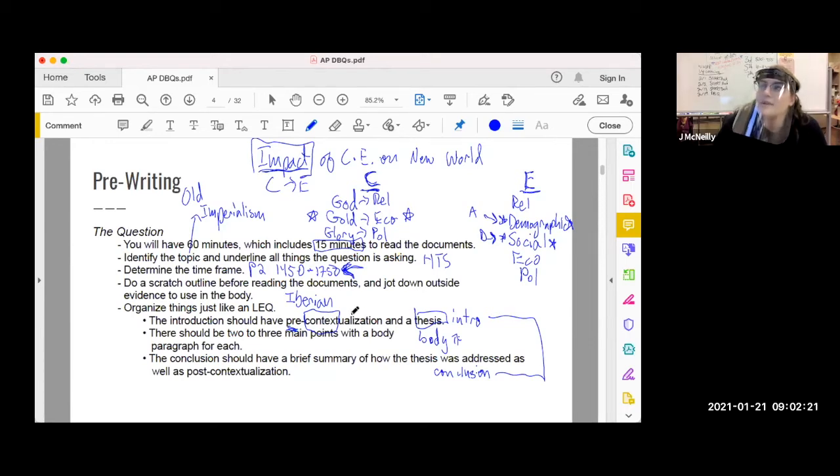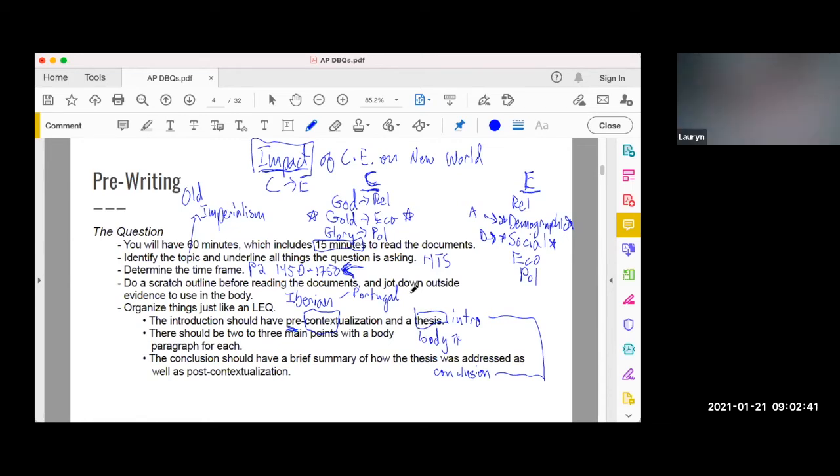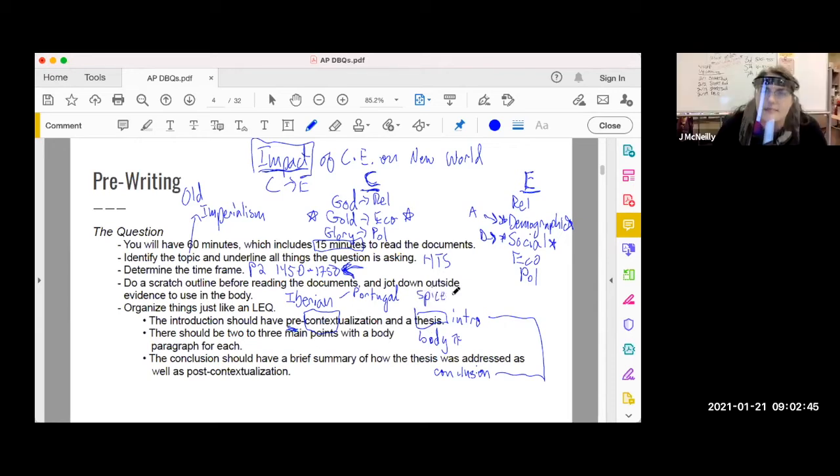Come on, y'all, who was sponsoring exploration during this time? Good, Spain and Portugal. Okay, so you could write about how Portugal went around Africa and why were they going around Africa in the first place? What was driving them to try to get to the Indian Ocean? Spice trade? The spice trade. Good. Again, an economic motive.